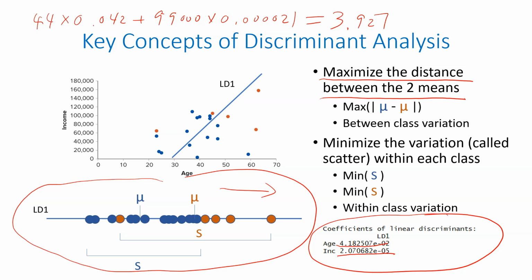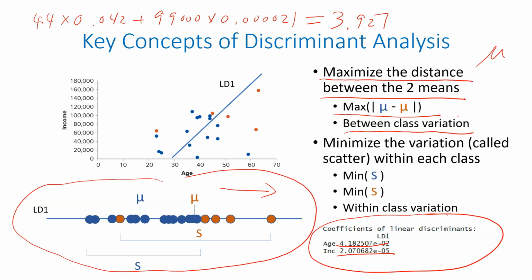Let's denote the mean of the classes as mu. The absolute value of the difference between the mu of the responders and the mu of the non-responders needs to be maximized in order to maximize the between-class variation.